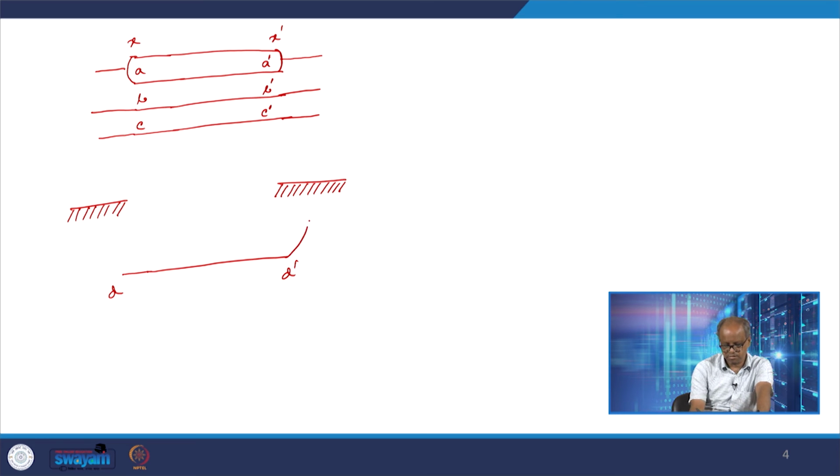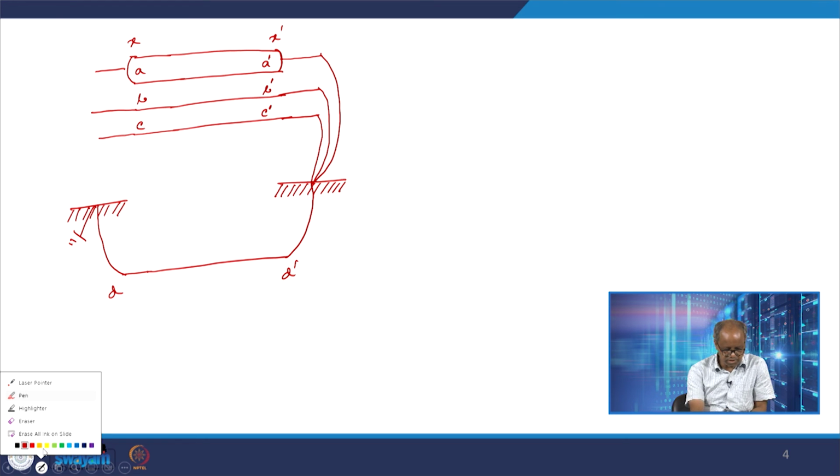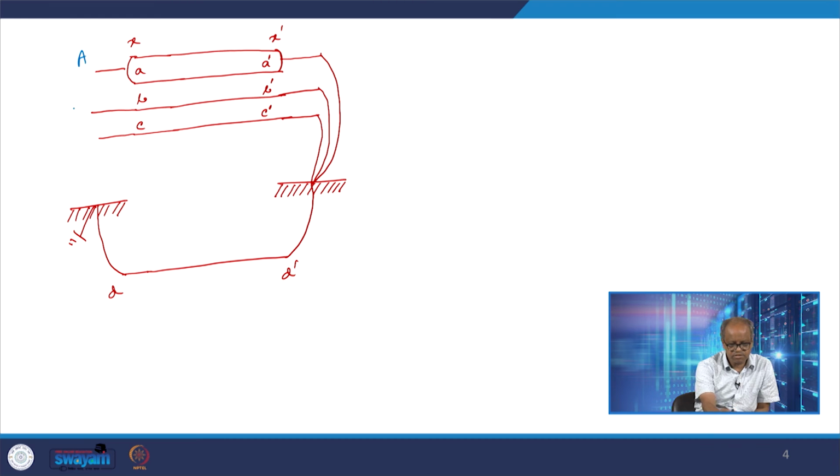So this is essentially the case of a bundle conductor. Now I can say this is my phase A, this is my phase B, this is my phase C, where phase A is consisting of a bundle conductor.